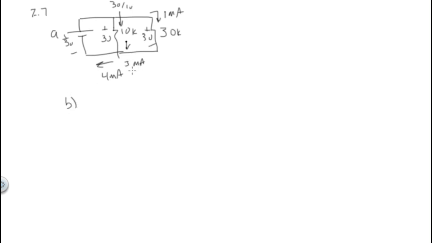Now B, I have, again, it may not be pretty, but let's draw it here. I have 2K and an unknown current. I have 3K, and I have a known current of 4 milliamps.